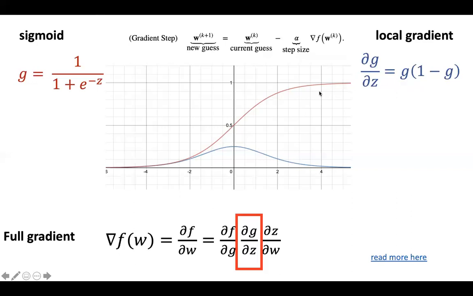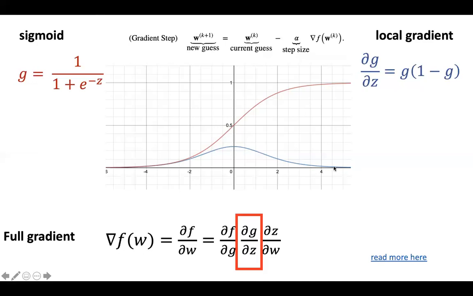And you may notice that these are flat areas of the sigmoid function. These flat areas will give a local gradient of 0. You may see the graph of the local gradient of the sigmoid function in blue. And notice how these tails go to 0 from both sides.